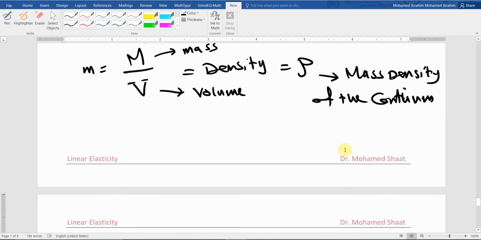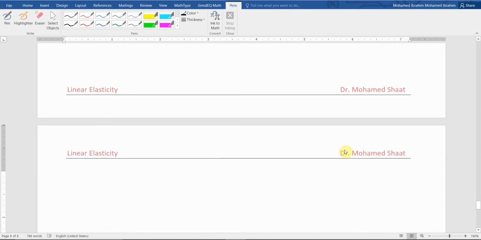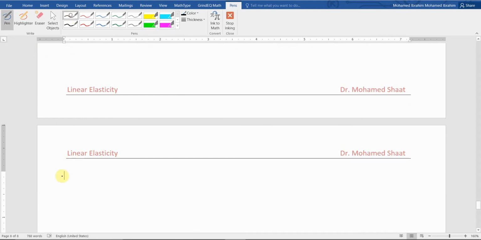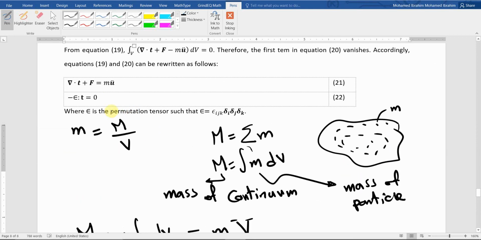Okay, so let us cover these two equations again. The first one is nabla dot T plus F, the body force, equals, we can move the mu double dot to the right side, as we already moved this one to the right hand side.